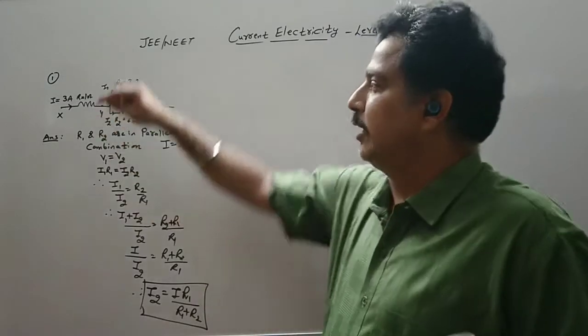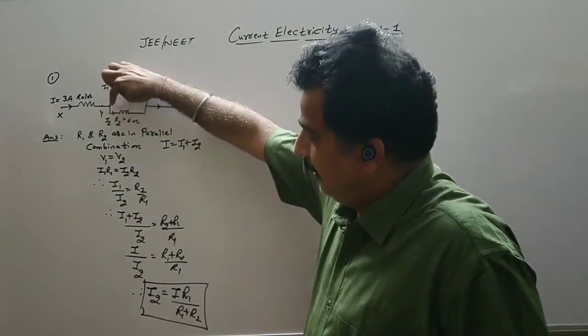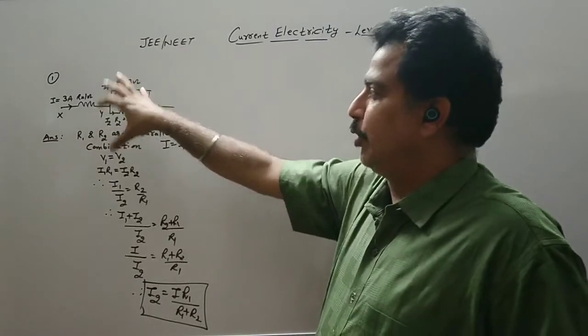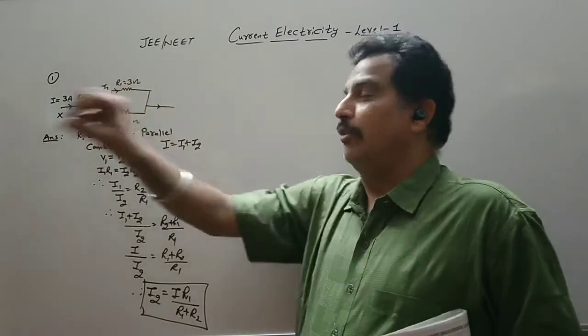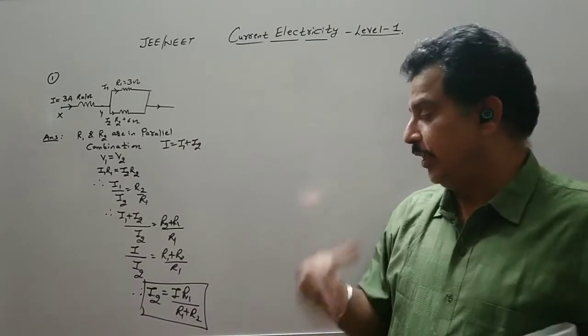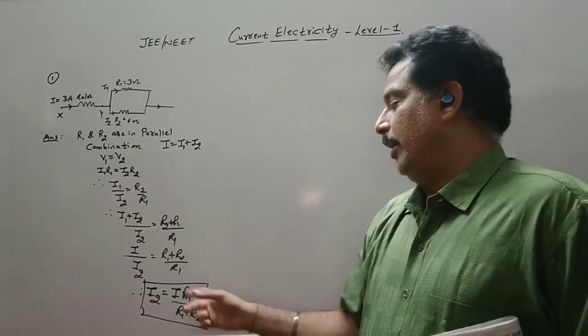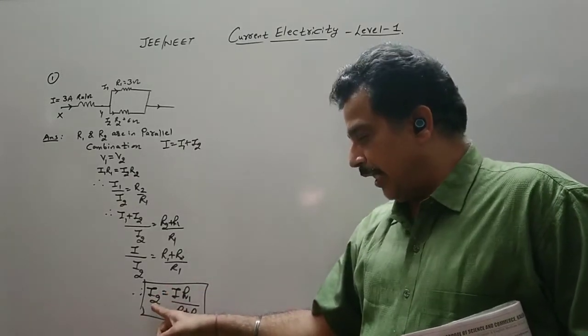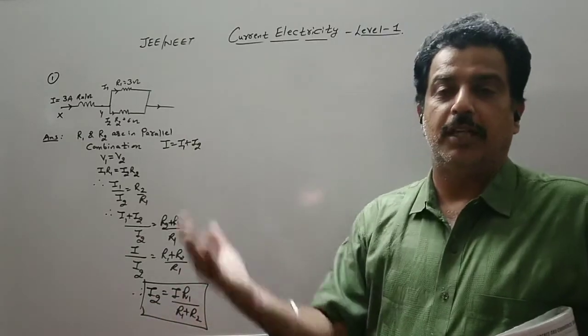So when the total current comes at this junction, it will follow the path where the resistance is least. So in the question, when we are trying to find out I2, we take the resistance of the other branch.